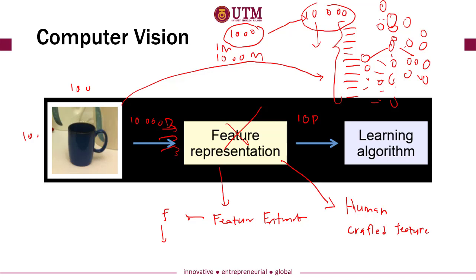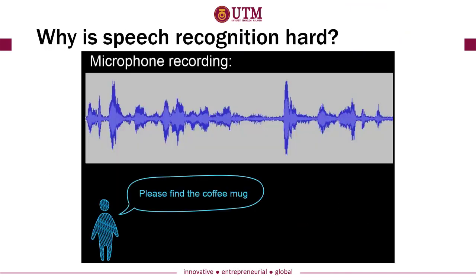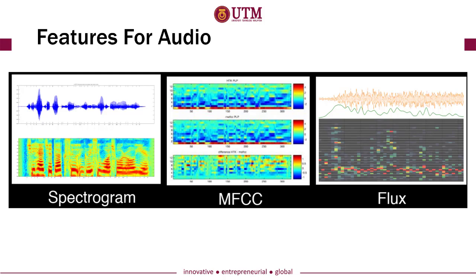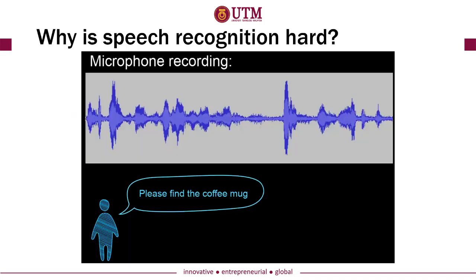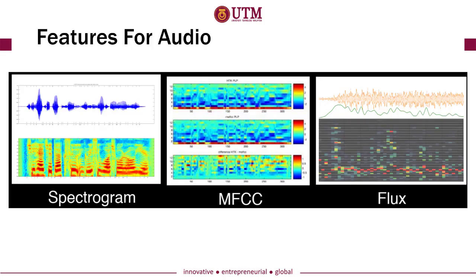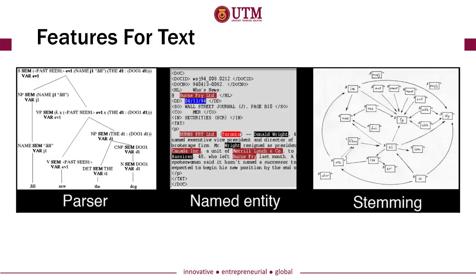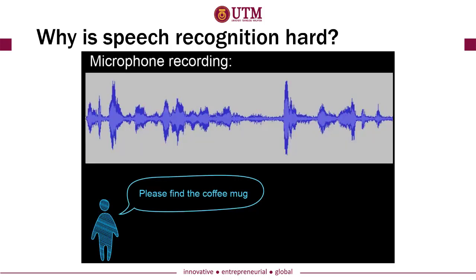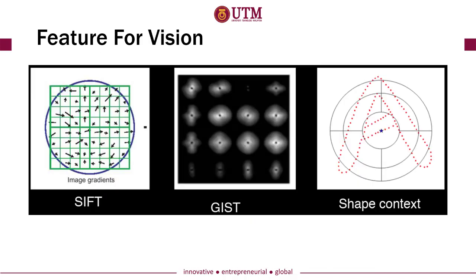Okay, that is what we did before deep learning became so popular nowadays. So this one is an example of human crafted feature in speech processing. This is the human crafted feature in text mining, and this is an example of human crafted features in computer vision.